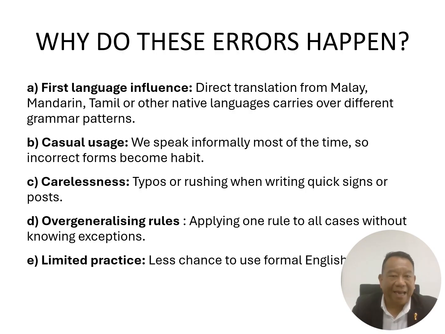Number three is carelessness, typos or rushing when writing a quick sentence or post. Number four is overgeneralizing rules, applying one rule to all cases without knowing the exceptions. And the last one is limited practice, with less chance to use formal English.